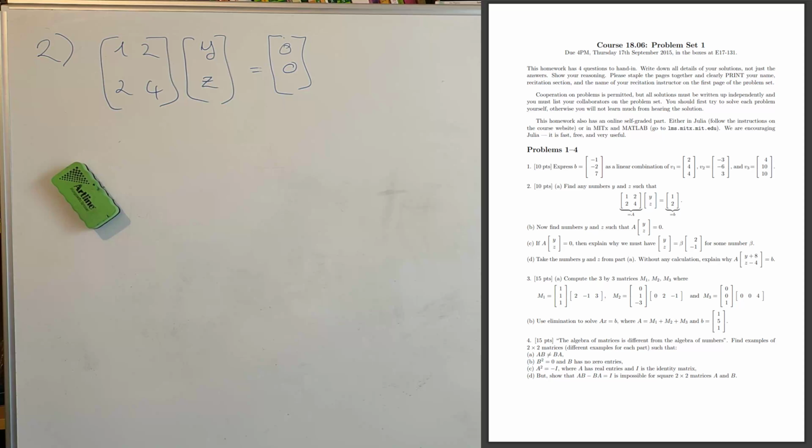So see, if A times YZ equals 0, then explain why we must have YZ equals beta times 2, minus 1. Oh, I did the C question moments ago. Why do we need to have beta times 2, minus 1?